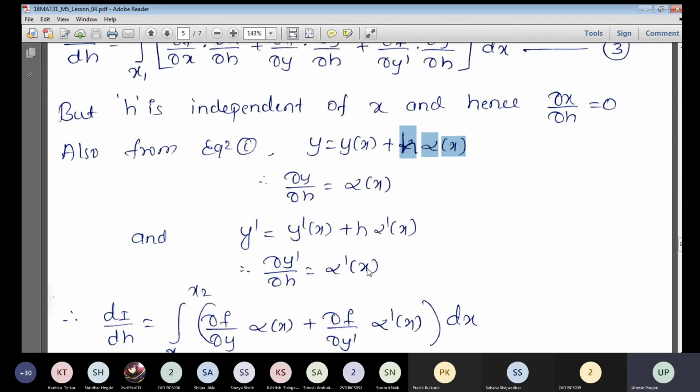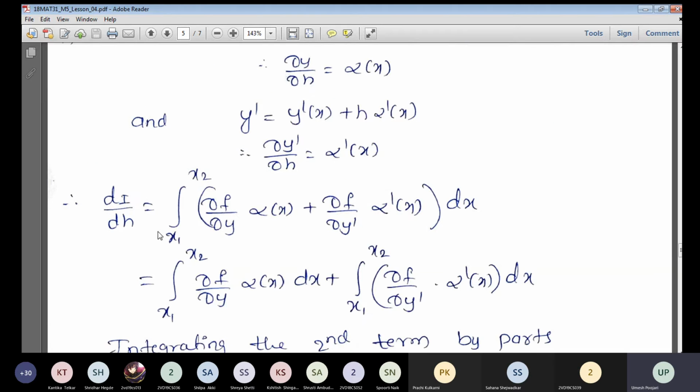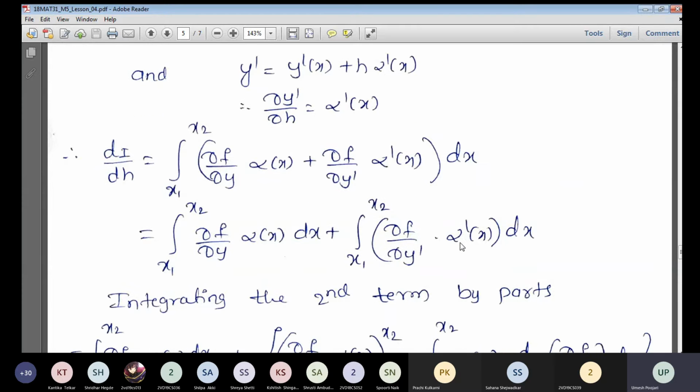So substitute these two values along with dou x by dou h equal to 0 in equation 3. Therefore, we get dI by dh equal to the integral from x1 to x2 of dou f by dou y alpha x plus dou f by dou y dash alpha dash of x, with respect to x.